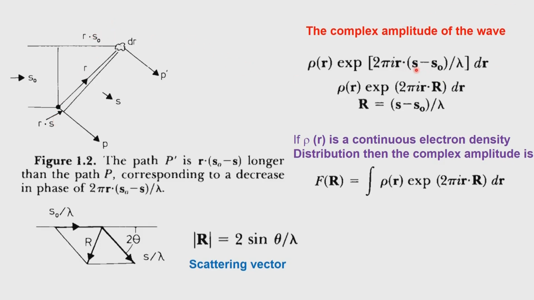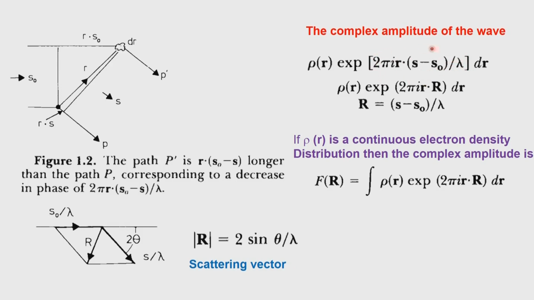Since this travels an additional distance of r dot (s minus s naught), this is the additional distance. The wave has travelled r dot s, it goes up like that, whereas r dot (s minus s naught) is the additional distance. This will be the one which causes the phase change. So the phase change is 2 pi i r dot (s minus s naught) divided by lambda. We are assuming that there is no change in the frequency, so the frequency factor does not appear here; it is only the change in the path length.